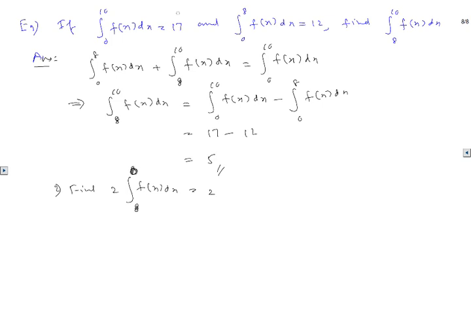We know that if you switch, it becomes negative the integral from 0 to 8. So it's negative 2 times the integral from 0 to 8, which is 12, so that means negative 24. Okay, so you can do things like that. If you switch, you change the sign. Okay, so that's pretty much what I want to do for definite integrals.